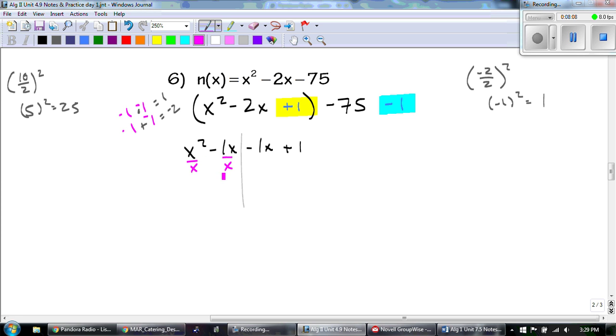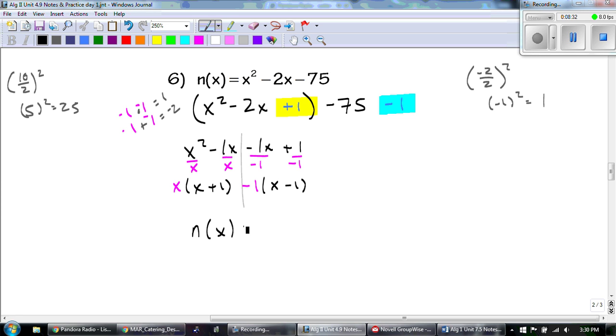Take out the GCF of x, and then we're left with x minus 1. And now what's the GCF of the back group? It's not a 1, it's a negative 1. And then when we factor all that out, we're left with x minus 1.